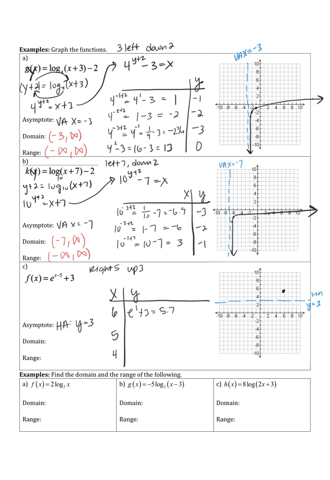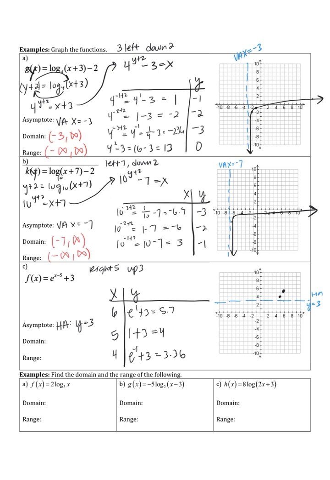5 minus 5 is 0, so e to the 0 is 1 plus 3 is 4. So 5 over, we're going 4 up. e to the negative first plus 3 is 3.36.